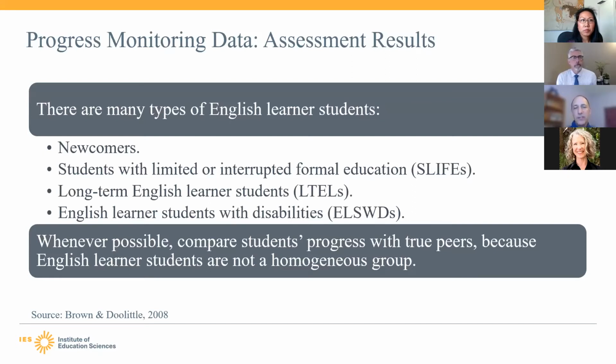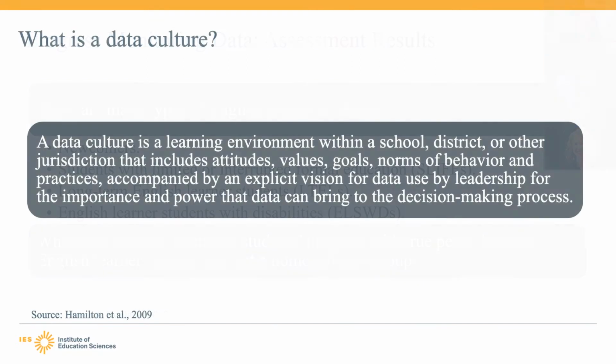So the first of these, assessment results. When we're looking at the data from English learner students, it's really important to keep in mind that there are different kinds of English learner students. And if we're talking about comparing students' performance and progress to those of other students, it helps to have the closest comparison that the data allow. And so comparing within type, English learner students may include newcomers or students with limited or interrupted formal education, long-term ELs, or English learner students with disabilities.